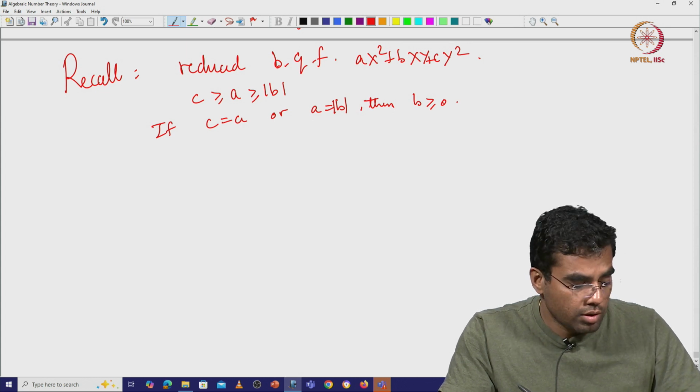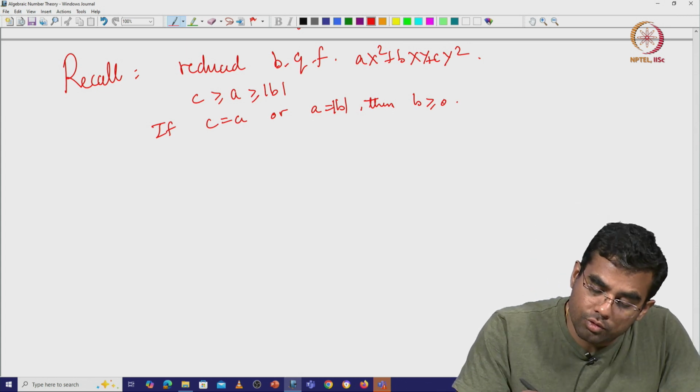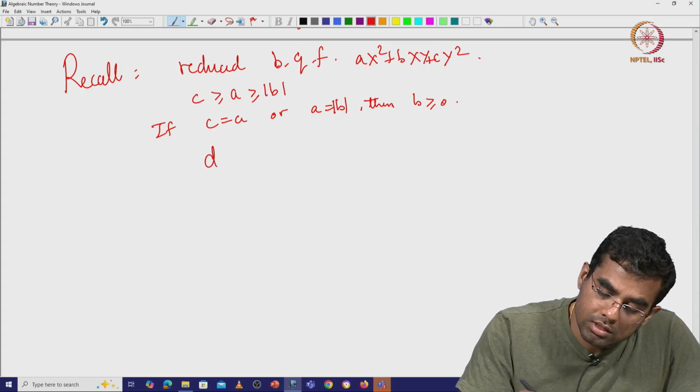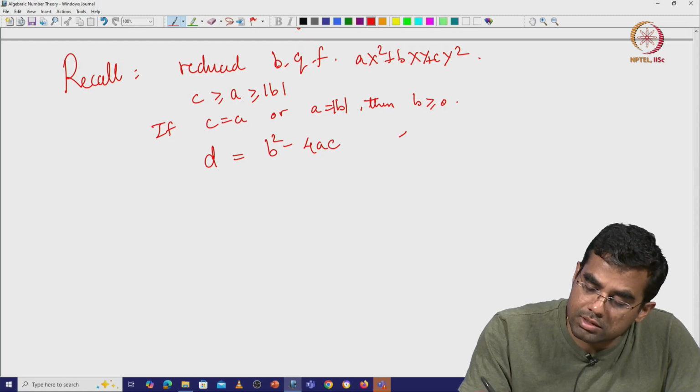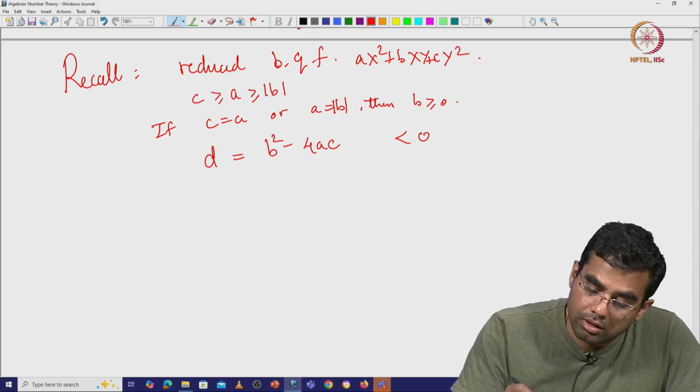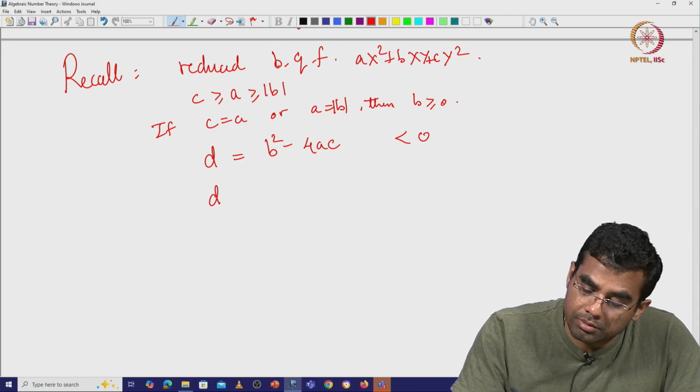So, that is what a reduced binary quadratic form is. I think we did prove this, but anyway let me go over it. So, d is the discriminant, b squared minus 4ac, which is less than 0.